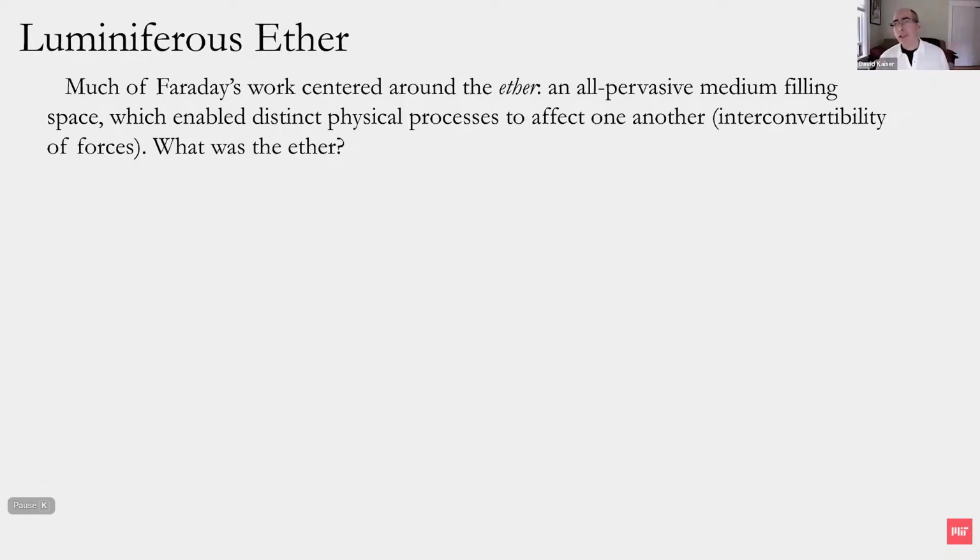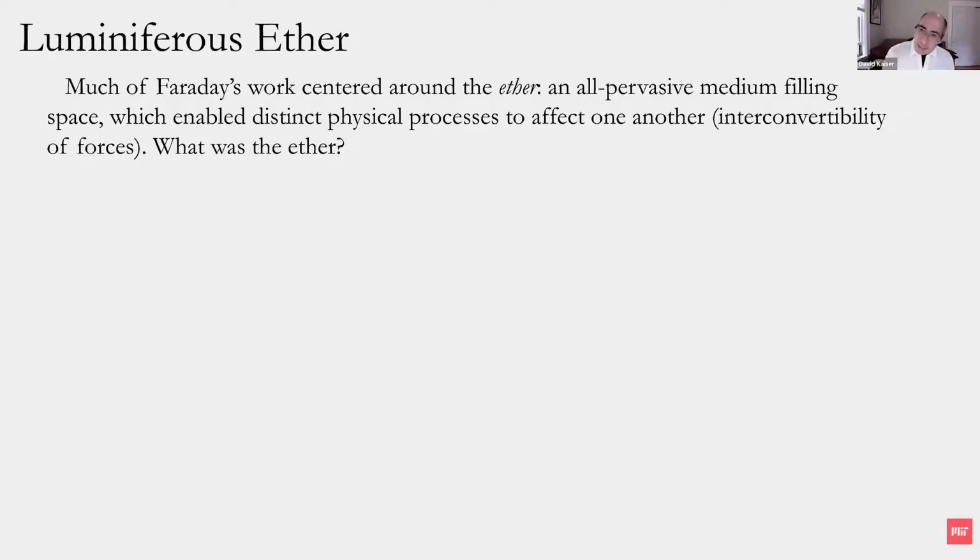But I want to get to one of the topics that was really high on Faraday's list of most important, because this is going to set our agenda for several classes to come. And that's what was called the ether, a presumptive, hypothetical medium that pretty much everyone we're going to talk about, Faraday included, just assumed, with extremely strong confidence, was filling all of space, every nook and cranny of the universe.